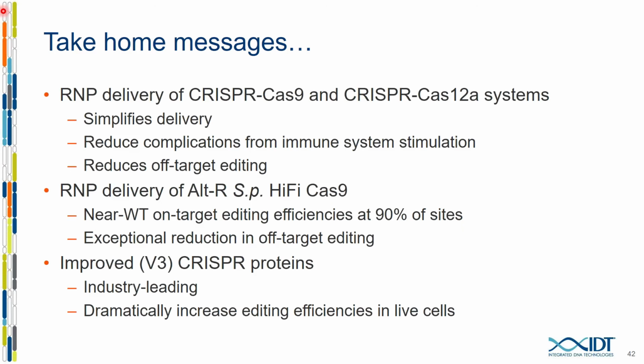It targets an entirely different TTTV PAM that's located at the 5' end of the targeted sequence instead of the 3'. Even the nature of the cuts is different between the two enzymes. Cas9 cuts blunt, whereas Cas12a or CPF1 leaves staggered ends. So they're 2 very different RNA-guided DNA endonucleases.